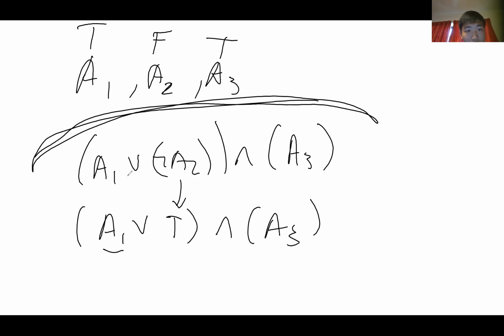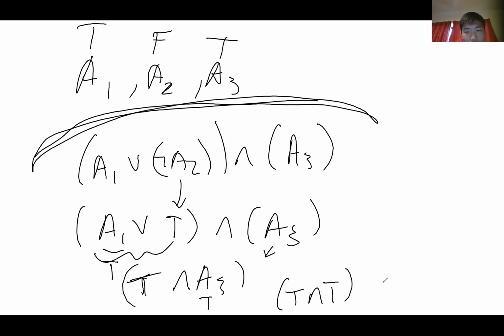It doesn't matter what A1 is, because this is or a true statement, so this whole thing is true. Then this true statement and A3, which is also true, becomes true and true, which is true. Does everyone follow?